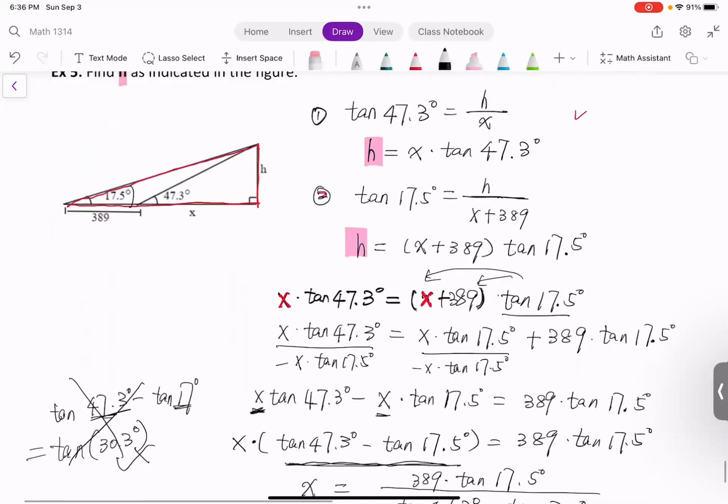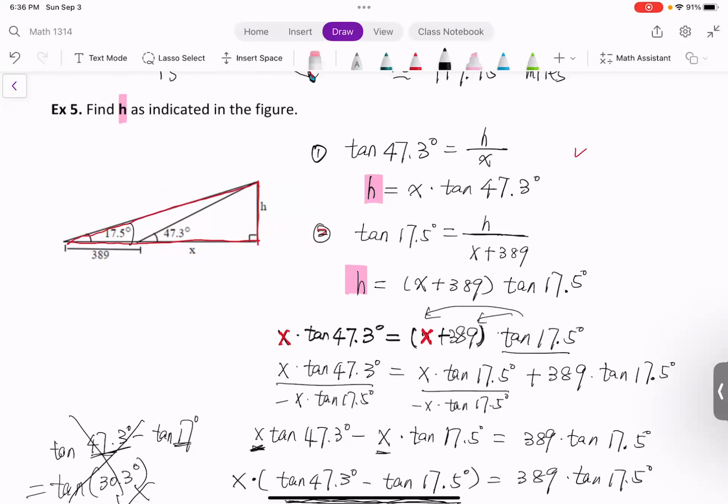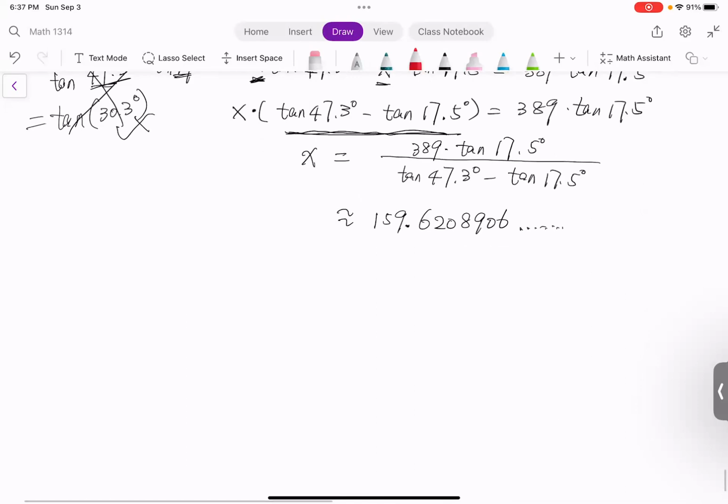So I solved for x, then go back to the first equation. So h equals x times tangent of 47.3. So I will have the new equation: h equals x times tangent 47.3 degrees.